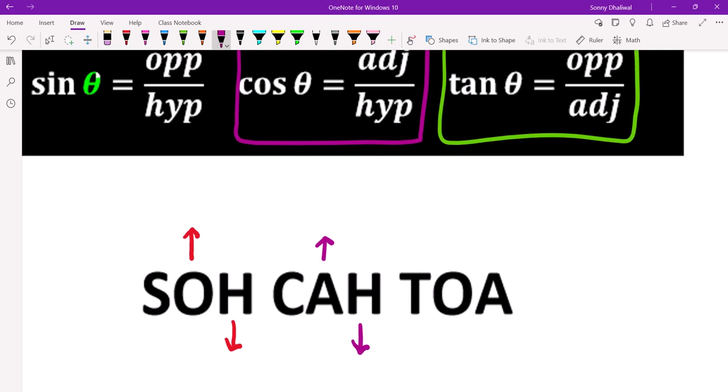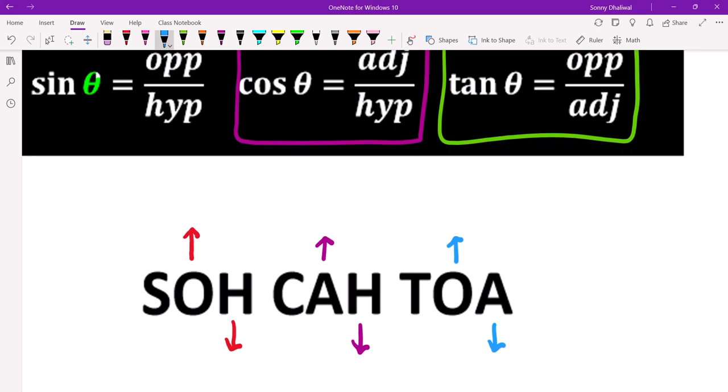Adjacent on the top, hypotenuse on the bottom. Tan of our angle is opposite on the top, adjacent on the bottom. So it goes up, down, up, down, up, down. Eventually you'll have this memorized. Sine is opposite over hypotenuse. Cosine is adjacent over hypotenuse. Tan is opposite over adjacent.